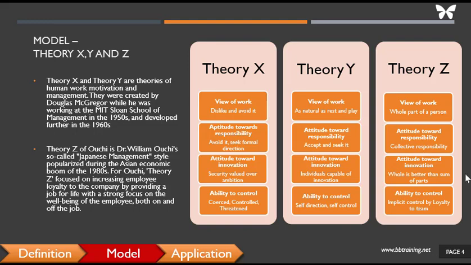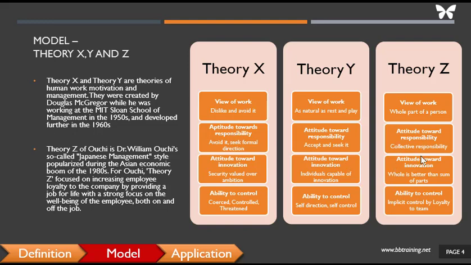So the view of work is that work is a part of the whole person. People are made to work. People are like born to work. Attitude towards responsibility: collective responsibility, which means everybody is accountable for the organization's success. Everybody is accountable for the country's success. So the attitude toward responsibility is very collective.